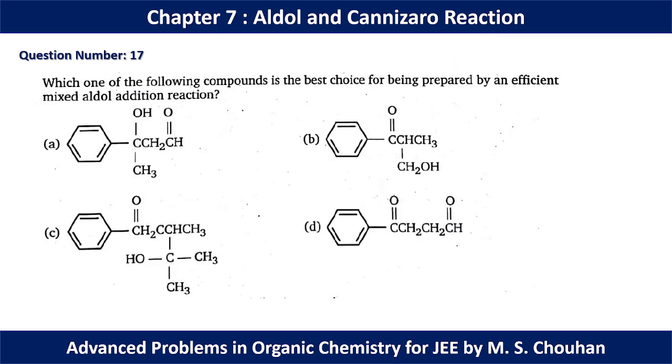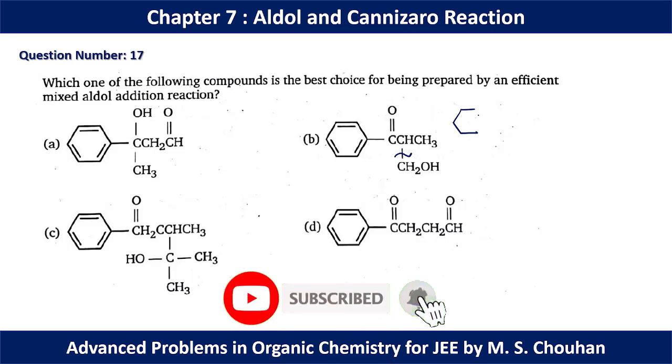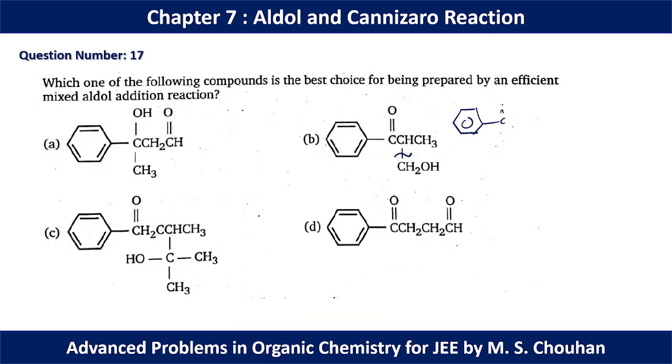In question number 17, which one of the following compounds is the best choice for being prepared by an efficient mixed aldol reaction? Okay, so if we see option B, we can have this kind of thing. We have negative charge like this, and we have reacted with formaldehyde.